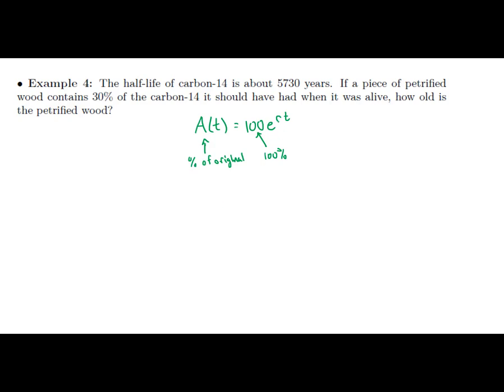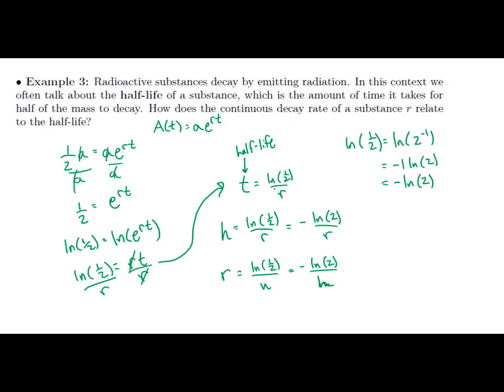Now, what I am allowed to do now, because of what we just discovered, is go back to that previous example. We already know what form r should take on, right? It should be either the natural log of a half divided by the half-life or the negative natural log of 2 divided by the half-life. I kind of like this one, though, because it reminds me that it's decay by having the negative out front.